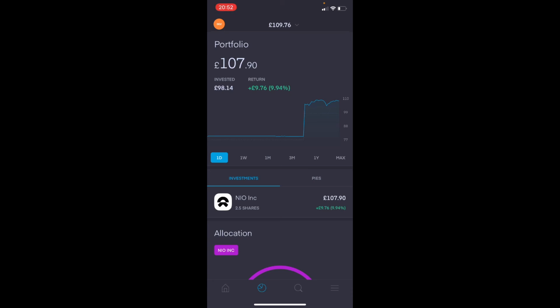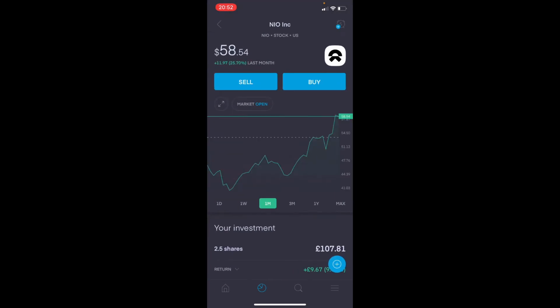That means you will have to pay tax on any profits. So this £9.76 return that you see here, if I was to cash that in, I would have to pay tax on that. There is a small tax-free allowance, but it's essentially capital gains tax. You can see it's been relatively steady growth for this particular stock.